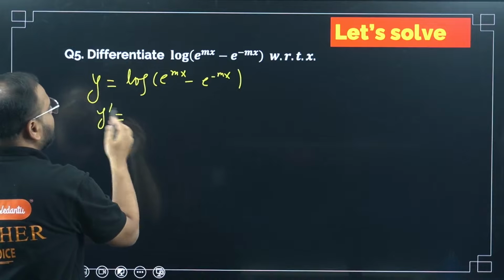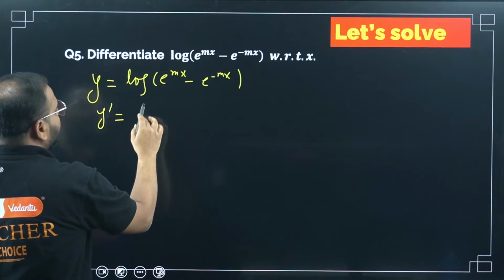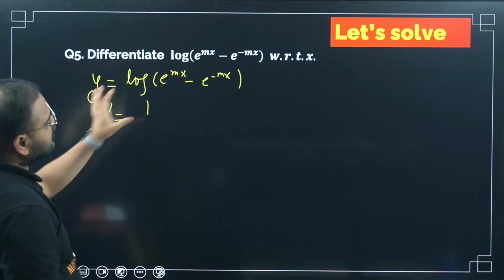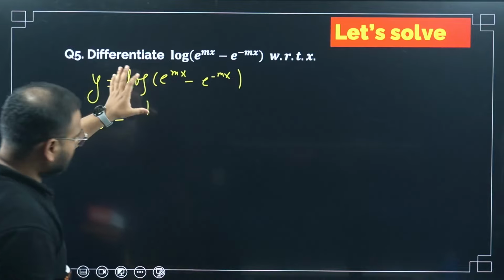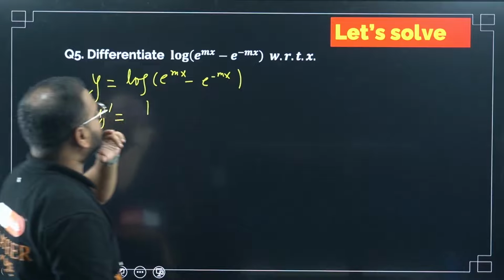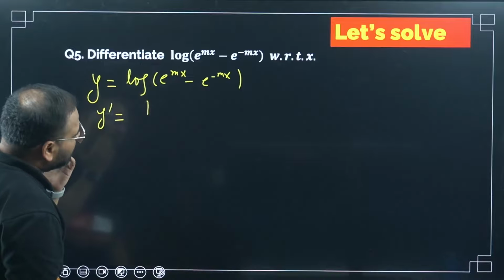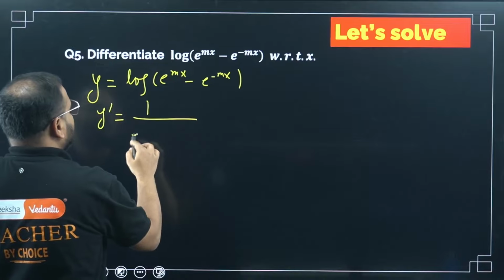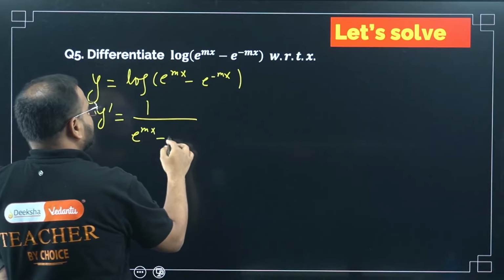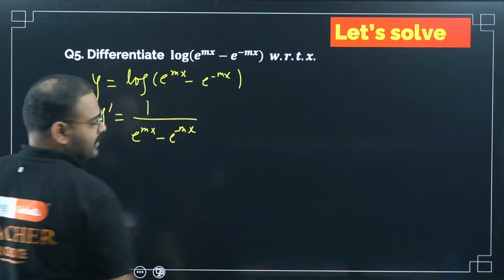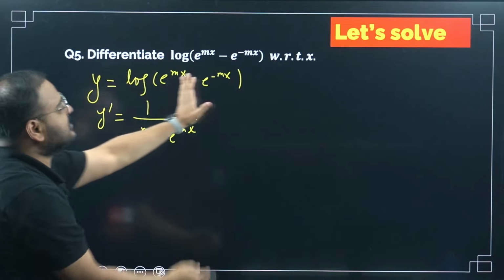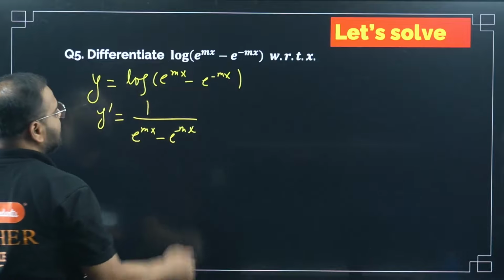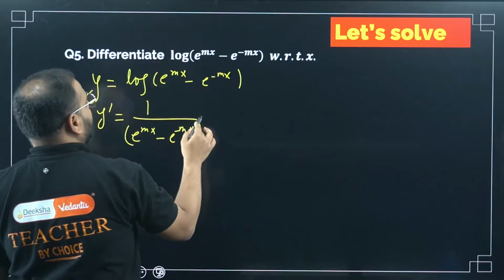First I have to use the chain rule. No product rule, only the chain rule. So I will use e power mx minus e power minus mx, and log of whatever is inside, differentiation is 1 by that, like this, and then the differentiation of e power minus mx. Now I have to take what?